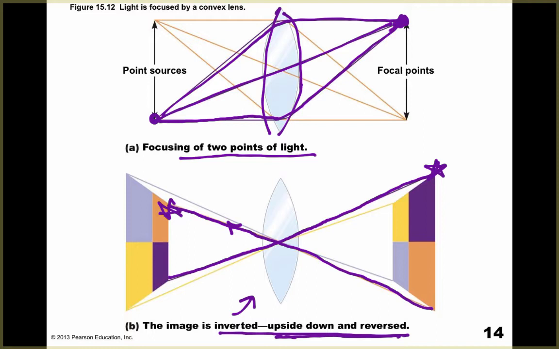Now, what's really interesting about this is that researchers in the past have tried to understand: are we born with the capability of our brain flipping things right side up, or are we born seeing everything upside down, and then over time our brain learns? Right now the consensus is that you're born seeing everything upside down.